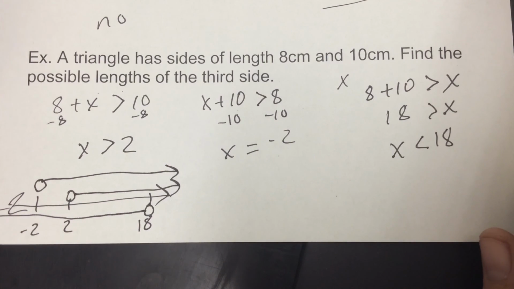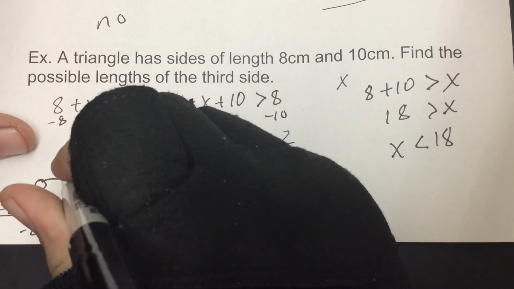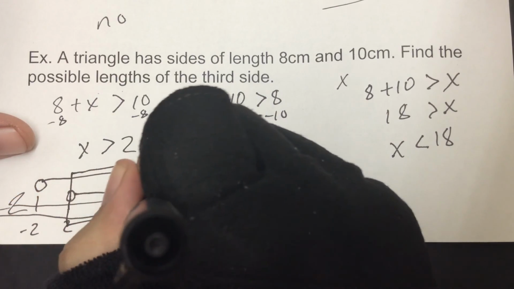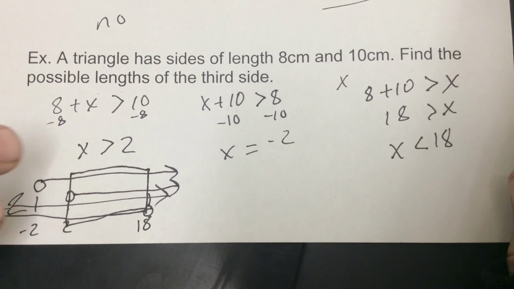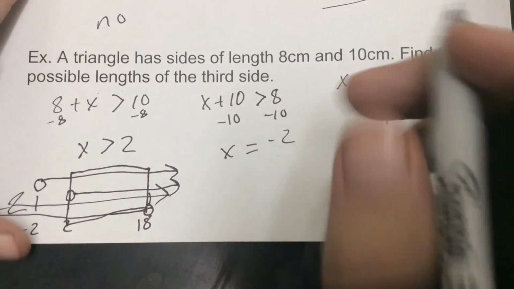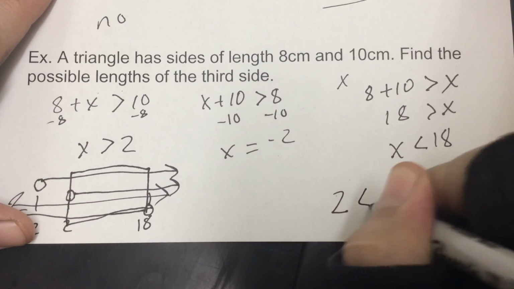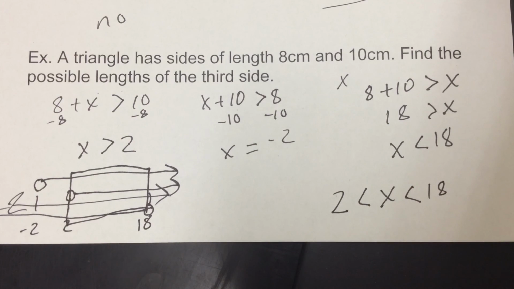So what we want is the spot where all three inequalities work. 18 is the biggest it could be. 2 is where the overlap stops for all three, because that's where this one stops. We'd only have 2 of them going here. We have to have all three. So the overlap is just going to be from 2 to 18. So we're going to write 2 is less than x, which is less than 18. And that's how you solve those.